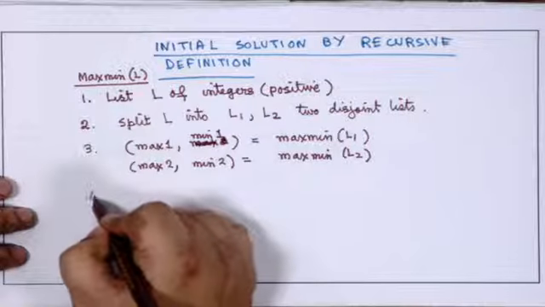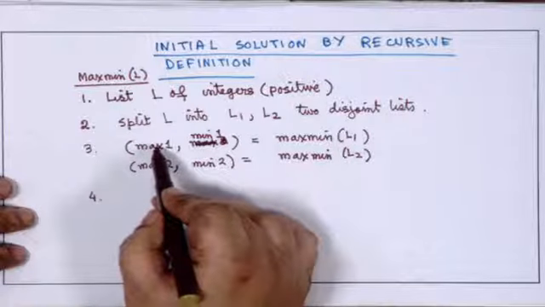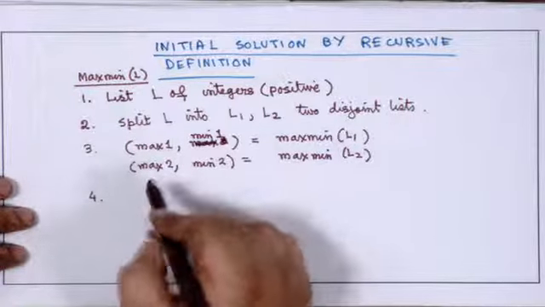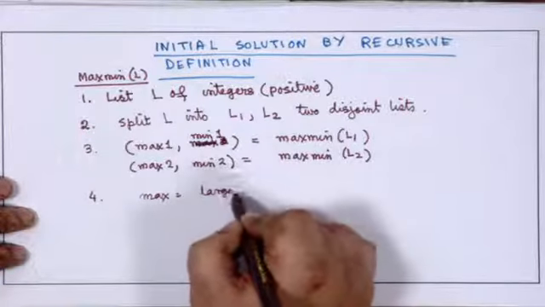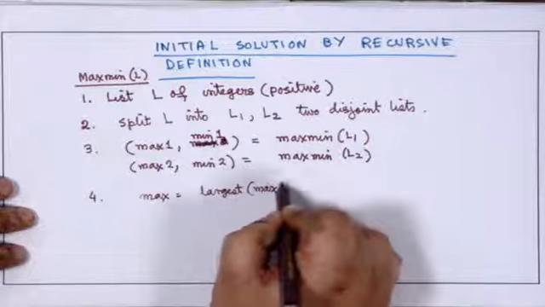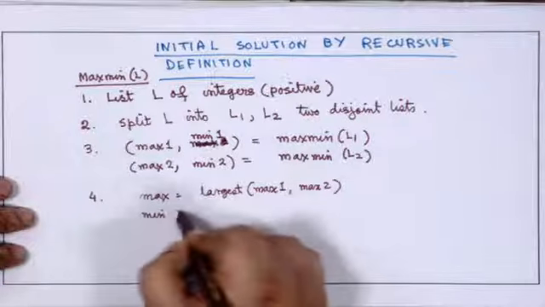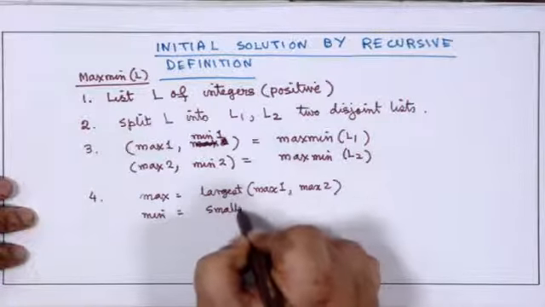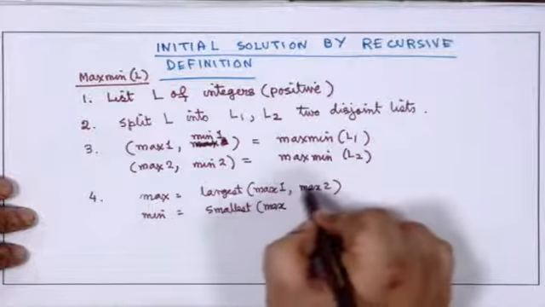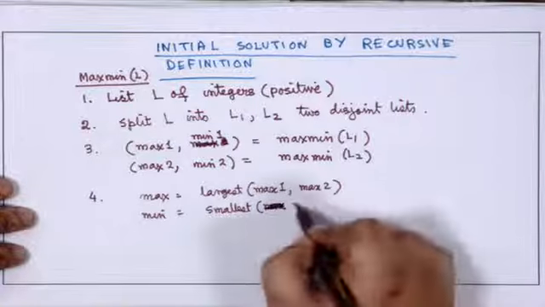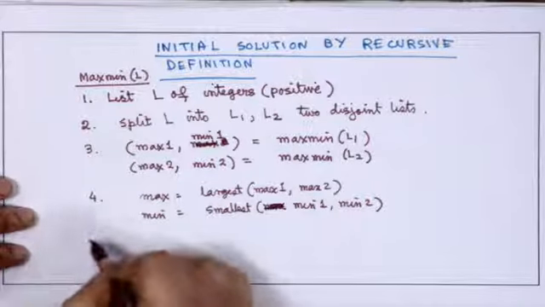And then we require two comparisons, one to find the maximum of these two. So, max is equal to the largest of max 1 and max 2, and min is equal to the smallest of min 1 and min 2, and we return.